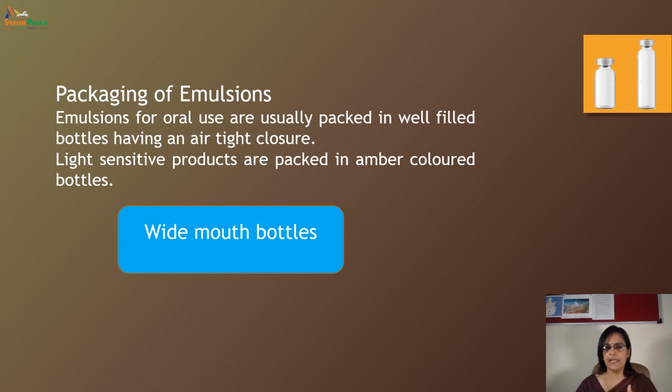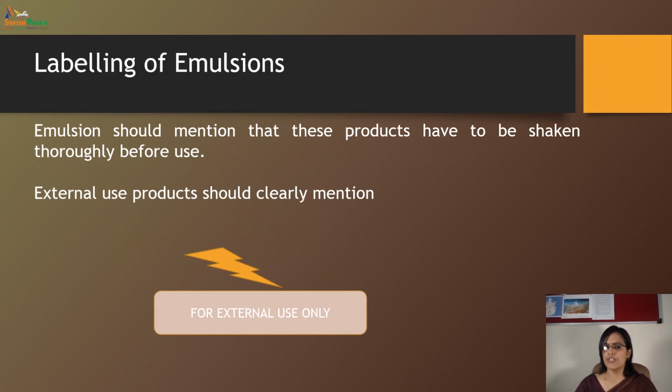There is a special label requirement for emulsions. The label should mention that these products have to be shaken before use, and for external products it should be mentioned that it is for external use only. So this is the packaging and labeling condition for emulsions.